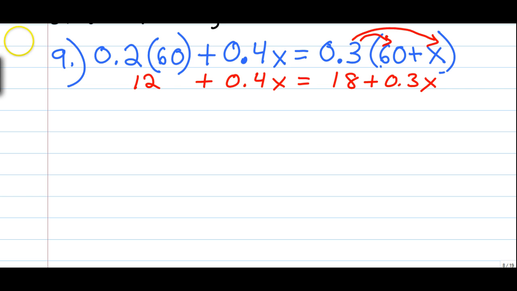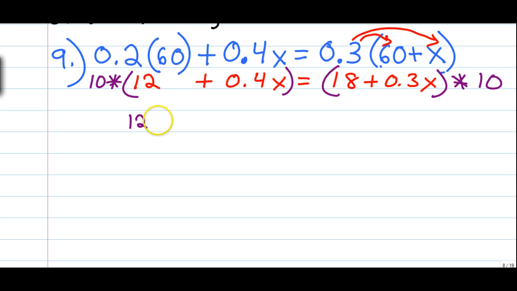Because they carry out to the 10th place, we'll multiply both sides of the equation by 10, making sure that 10 is being distributed to each individual term. 10 times 12 results in 120. 10 times 0.4 will result in 4x. 10 times 18 will result in 180. 10 times 0.3 will result in 3x.